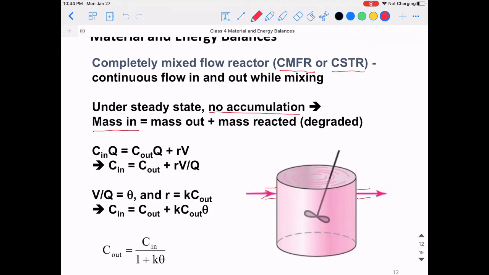Now if we calculate the mass in and mass out, let's see what we have.